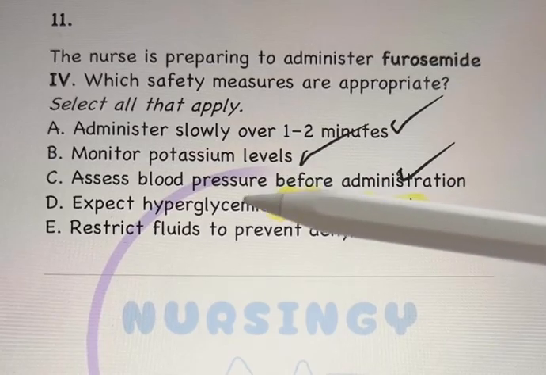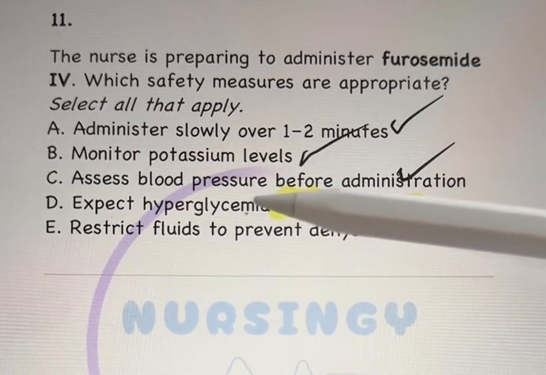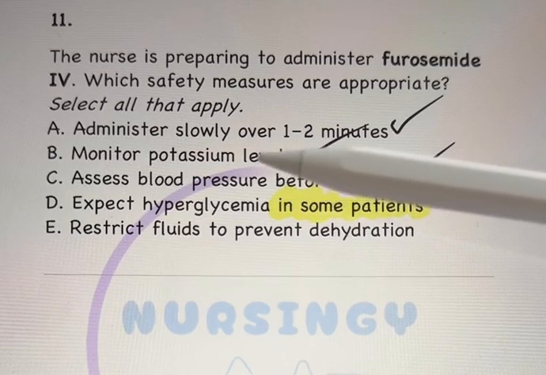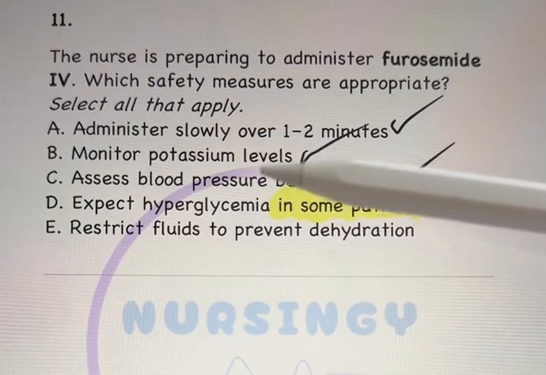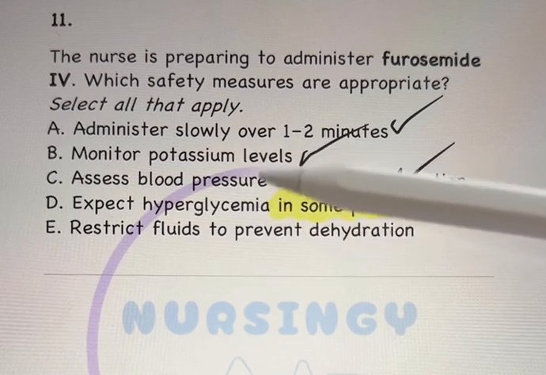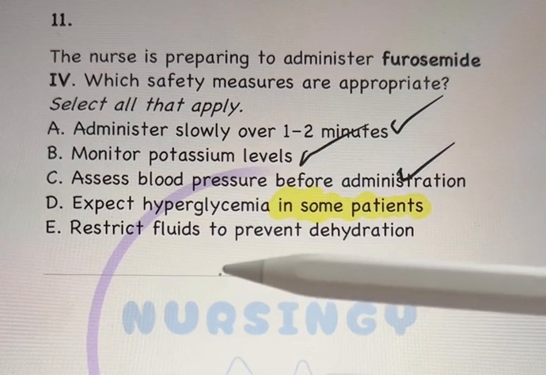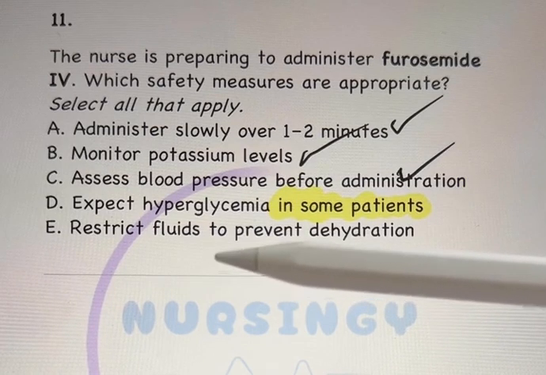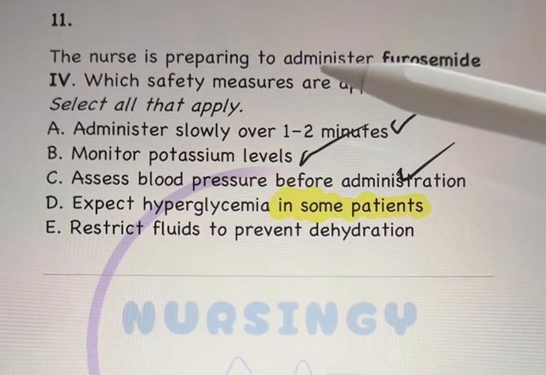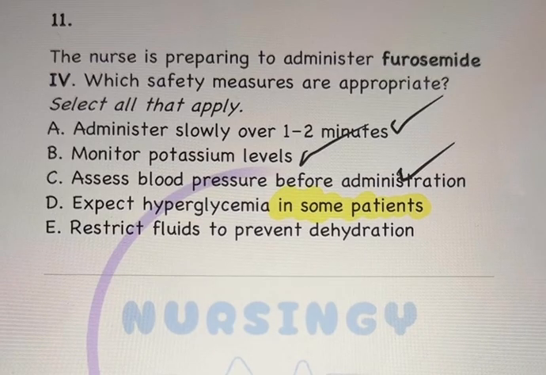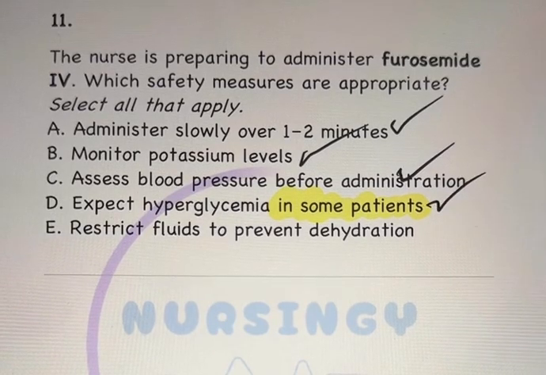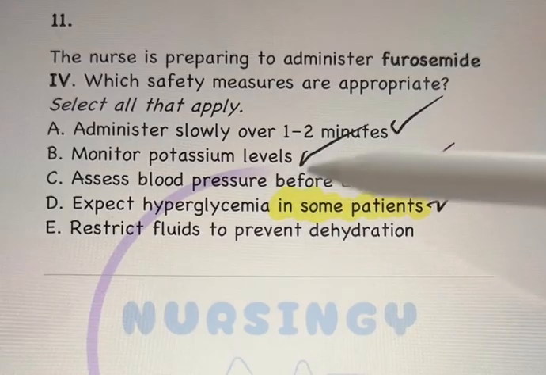So we can expect hyperglycemia in patients. Okay, not hypo. When there is less insulin in the body, we can expect hyper, not hypo. If there is too much insulin in the body, then we will expect hypo. So we can expect hyperglycemia in some patients.